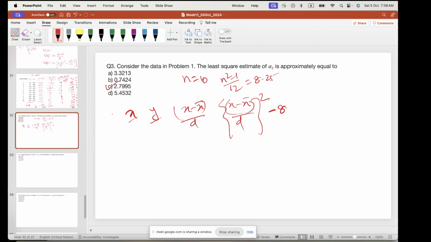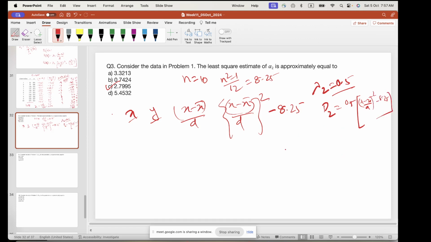We choose lambda 2 equal to 0.5, and then p2 equals 0.5 into ((x minus x bar) by d whole square minus 8.25), and then we get p2 into y and p2 square.